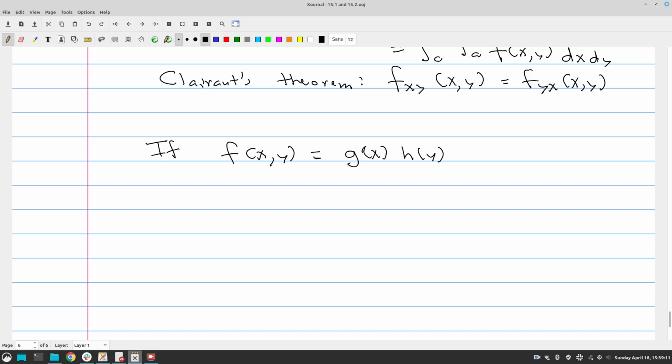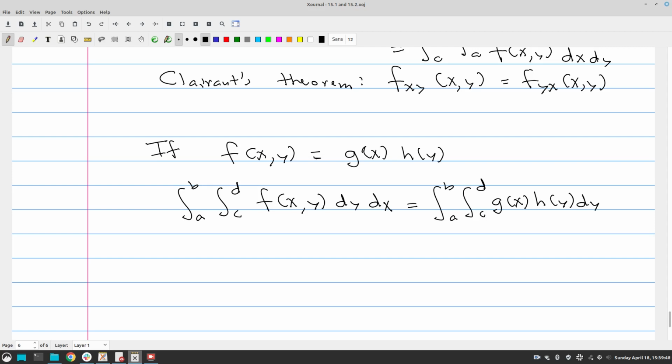If you can do that, then the integral from a to b, integral from c to d, of f of x, y dy dx equals the integral from a to b, integral from c to d, of g of x times h of y dy dx.